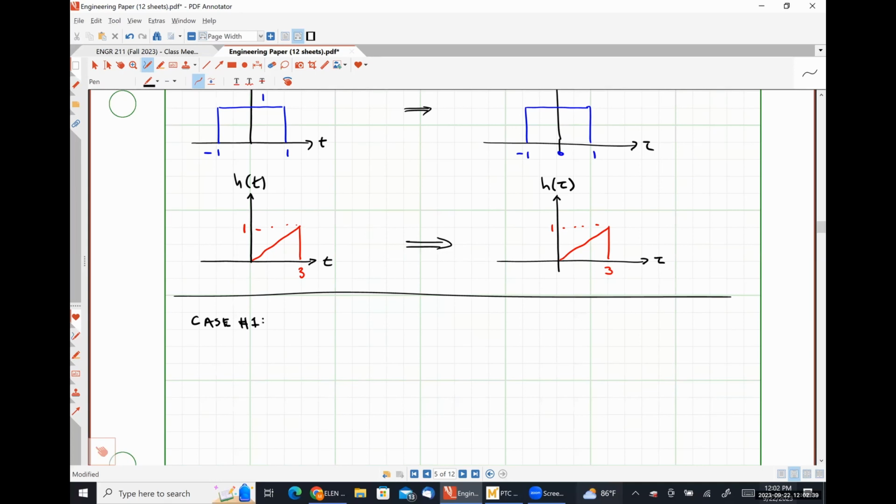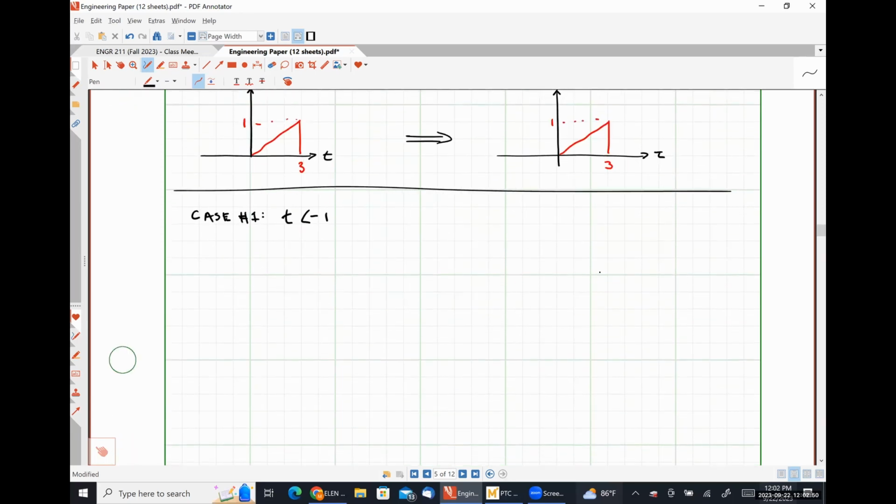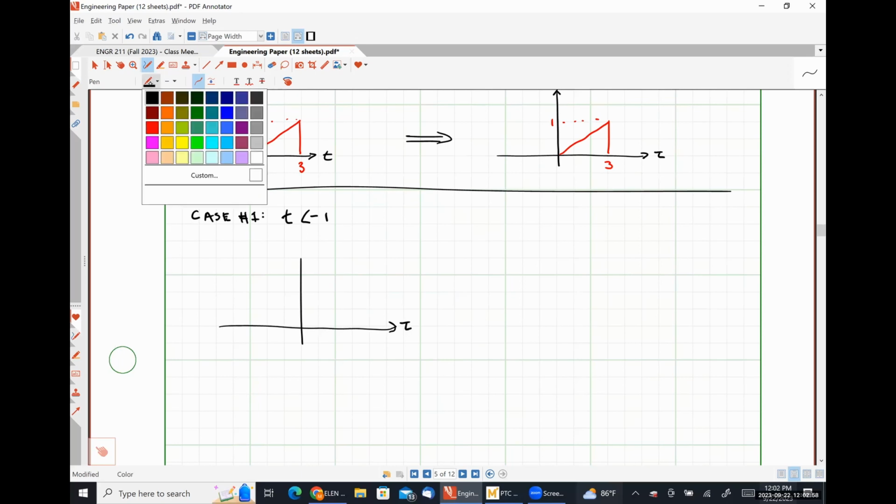So if t is less than -1, let's look at that. For any t less than -1, here's tau.